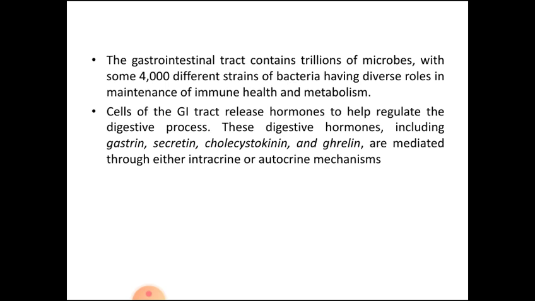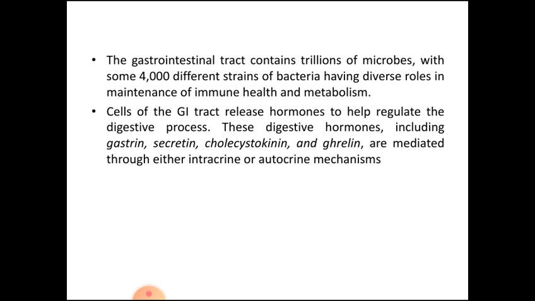The gastrointestinal tract contains trillions of microbes, with some 4,000 different strains of bacteria, having diverse roles in the maintenance of immunity and metabolism. These bacteria, or GIT microbes, are also known as the normal flora bacteria.